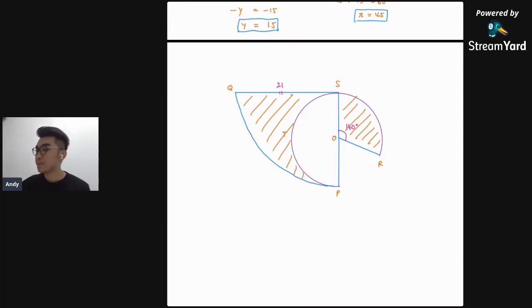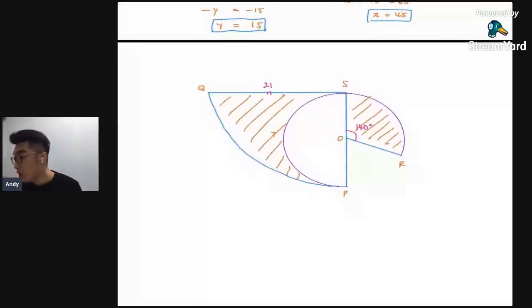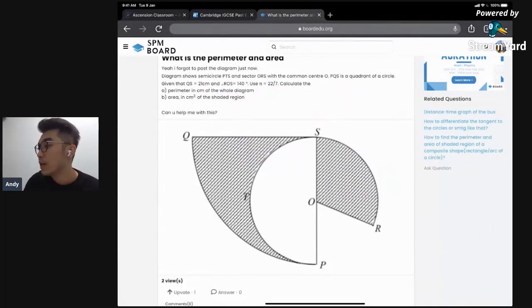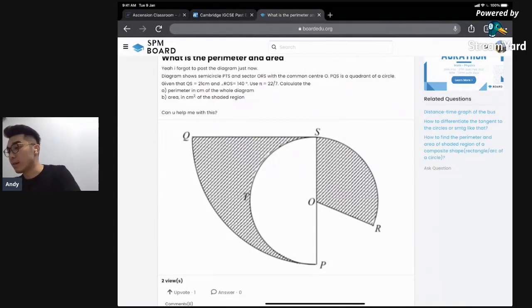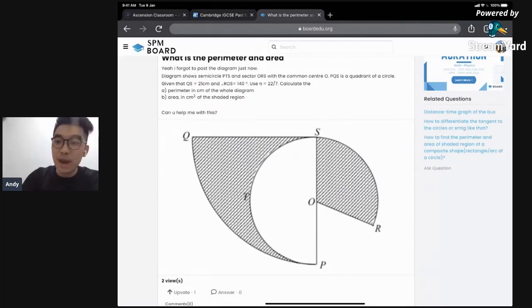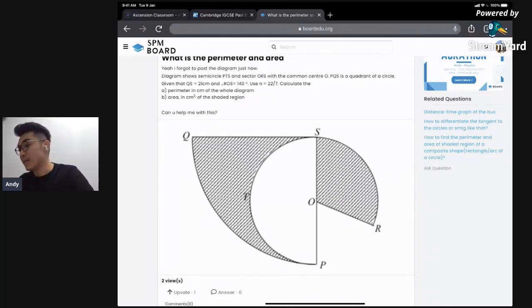So now, what do they want? Calculate the perimeter of the whole diagram. To find the perimeter, this time we have to find the arc length, correct?